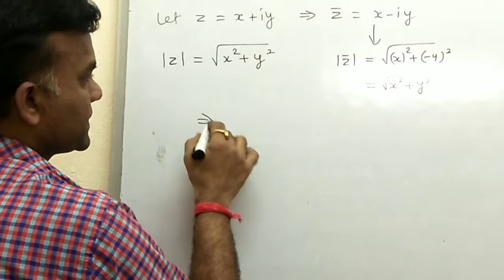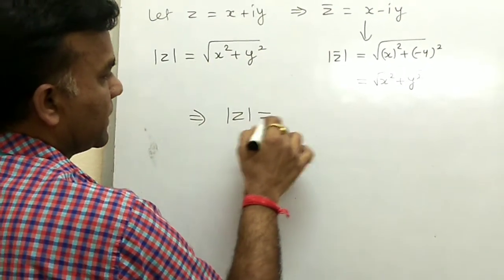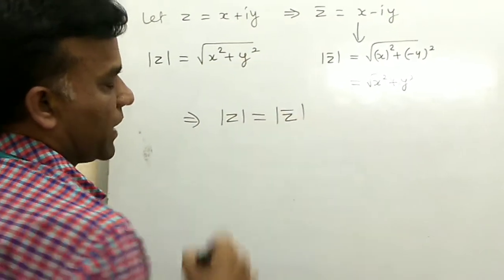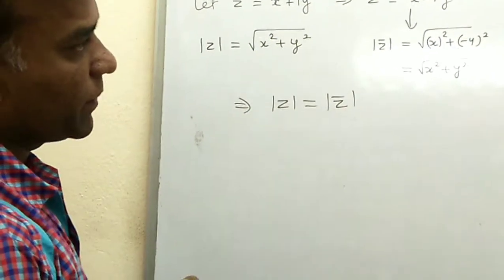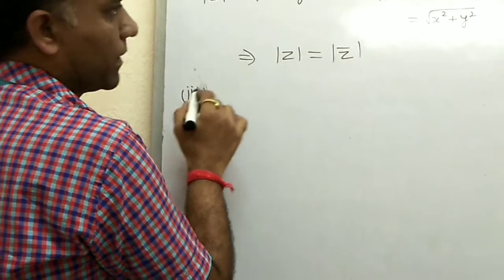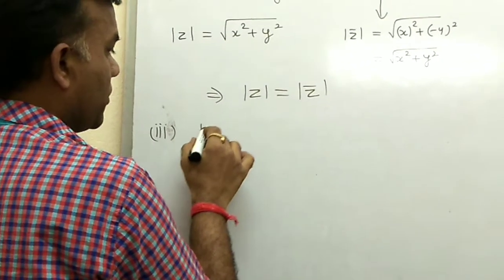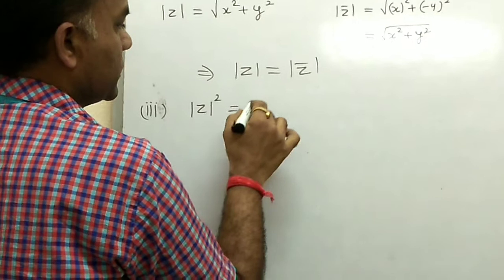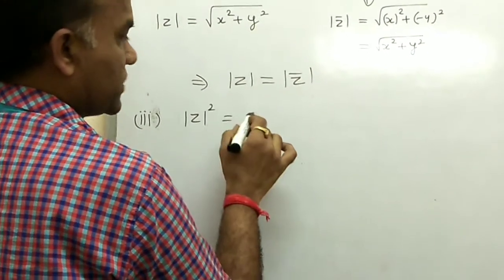Okay, so this implies |z| = |z bar|. So the second property is also proved, and then third, that is |z|² = z times z bar.